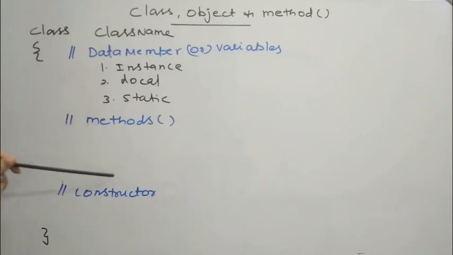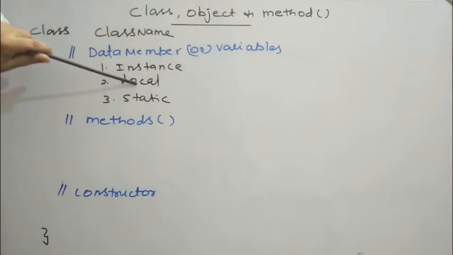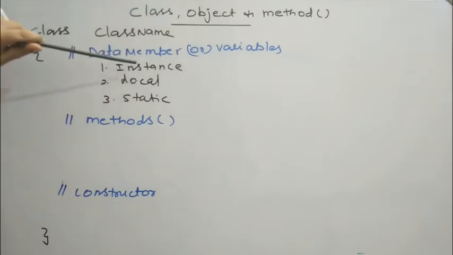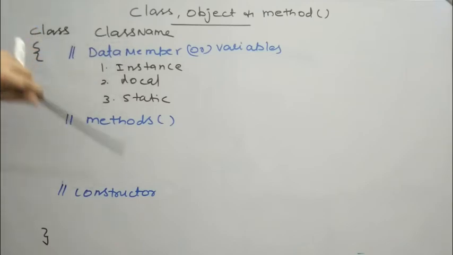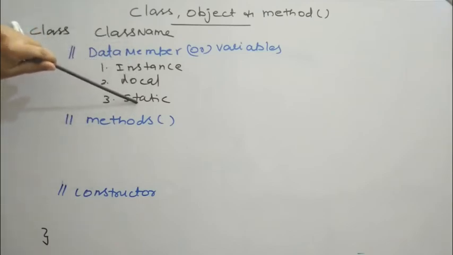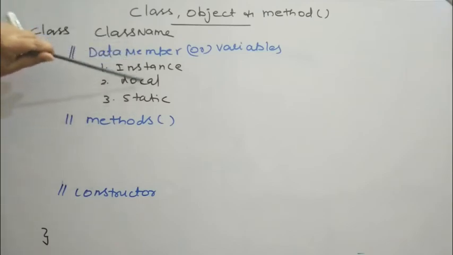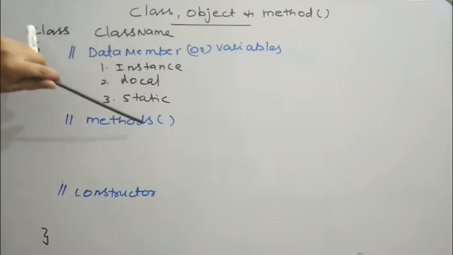An instance variable becomes a static variable when the keyword static is attached to the instance variable declaration. The scope of a local variable is within the method in which it has been defined. The scope of an instance variable is within the class definition. Static variables are variables shared among all the objects of the class.